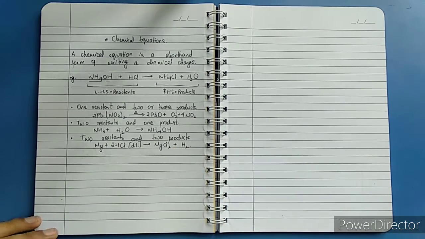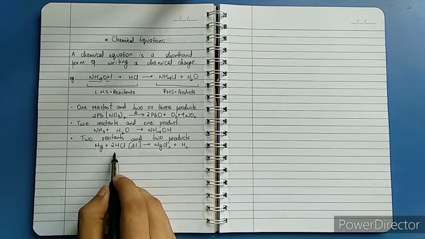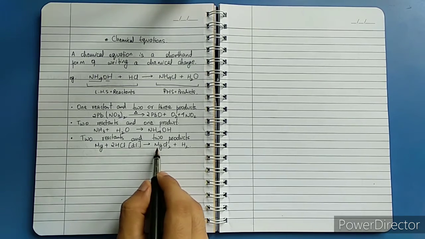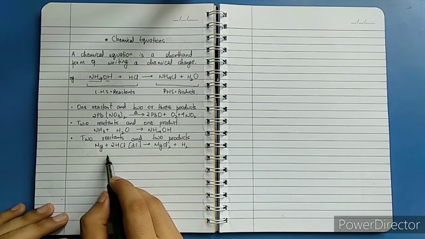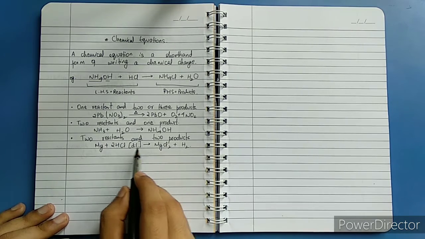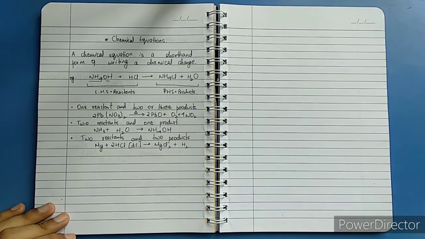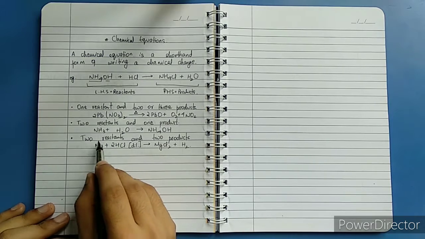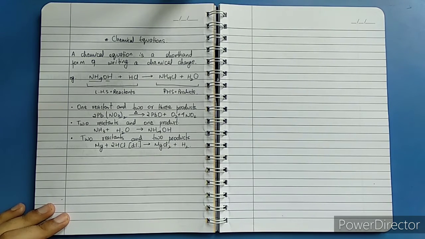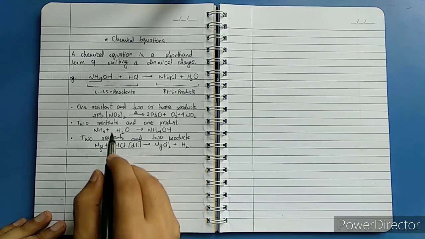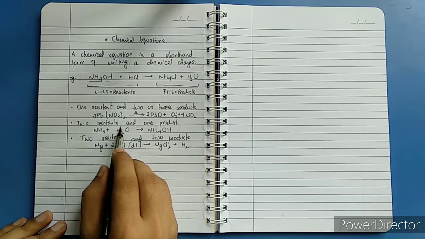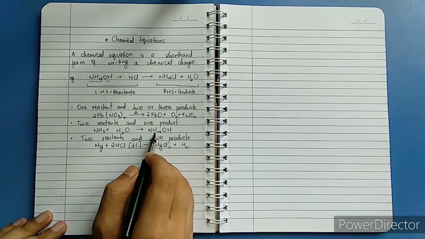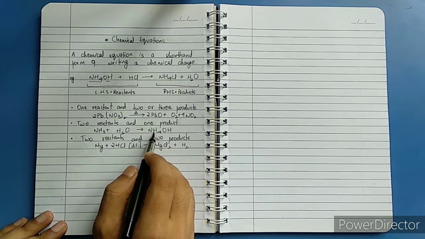In this reaction, Mg is replacing hydrogen and taking hydrogen's place. So magnesium is displacing hydrogen. This reaction is also called a displacement reaction. But remember, in 2 reactants and 2 products, there can be other different types of reactions as well. But where there are 2 reactants and 1 product, this is a specific combination reaction.